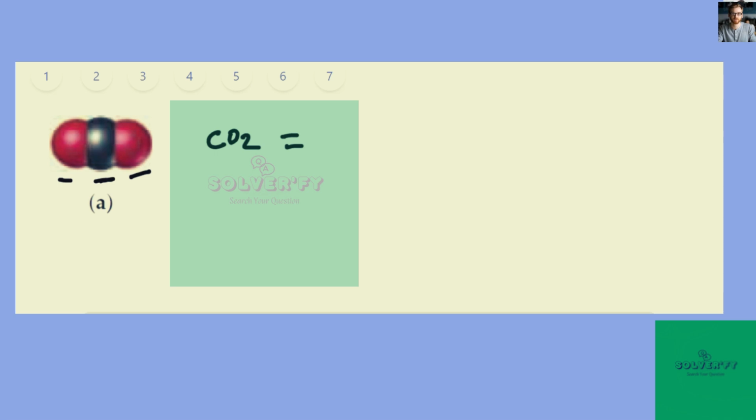We have one carbon, whose atomic weight is 12.01 atomic mass units, plus two oxygen, and oxygen's atomic weight is 16, multiplied by 2.